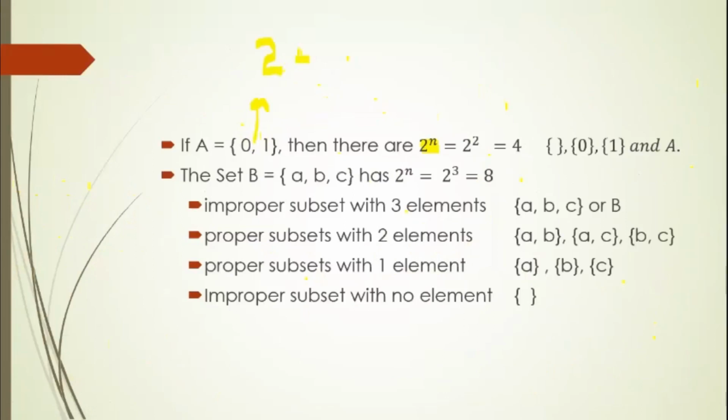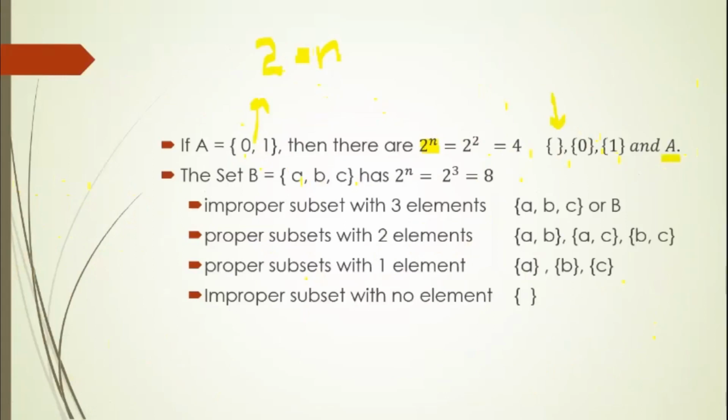So our n is equal to 2, and we will substitute 2 here. That's going to be 2 squared, which is equal to 4. So again, you would see here the empty set as a subset, 0, 1, and then the set itself, 0 and 1, or simply A.